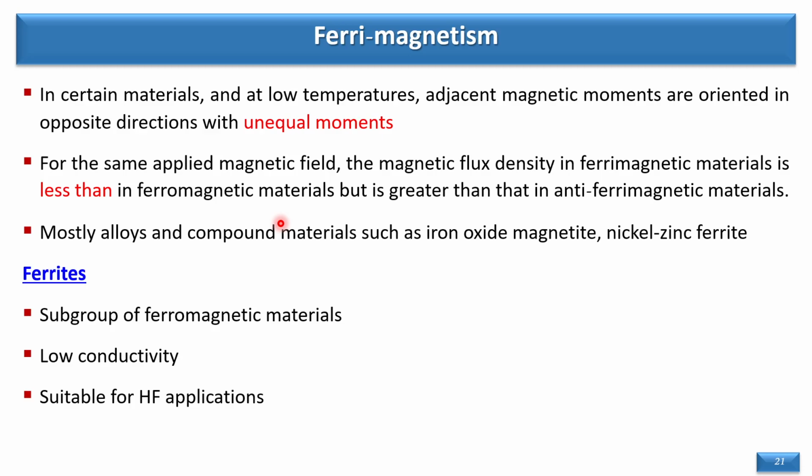This effect is not as strong as ferromagnetic, and it's not as low as antiferromagnetic. It's somewhere in between, so it's a subgroup of ferromagnetic material. It has low conductivity, and its application is in high frequency and RF applications.